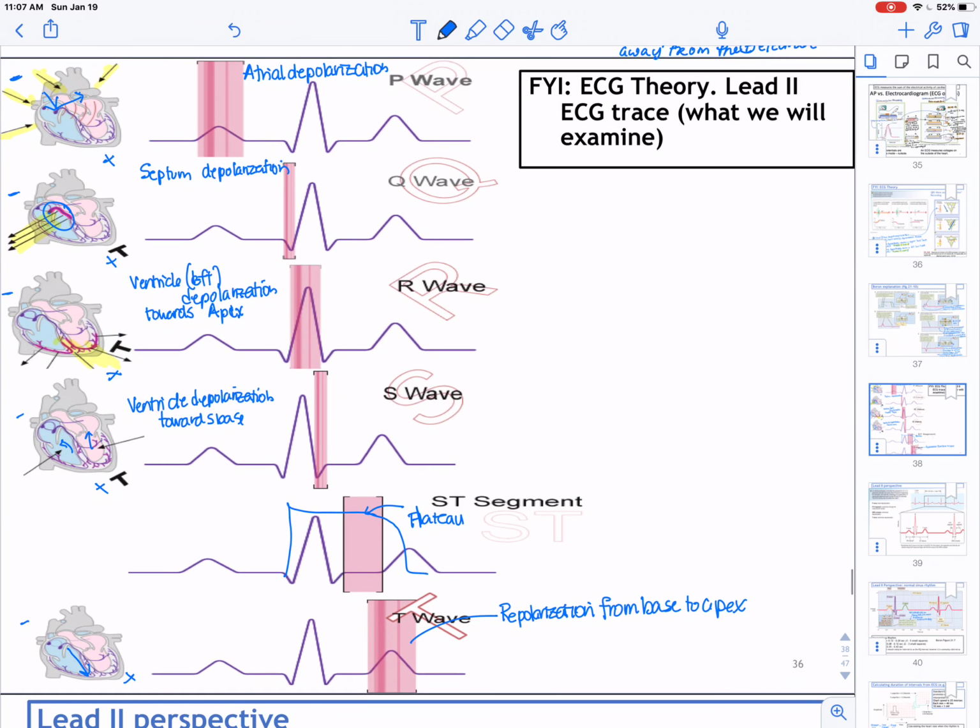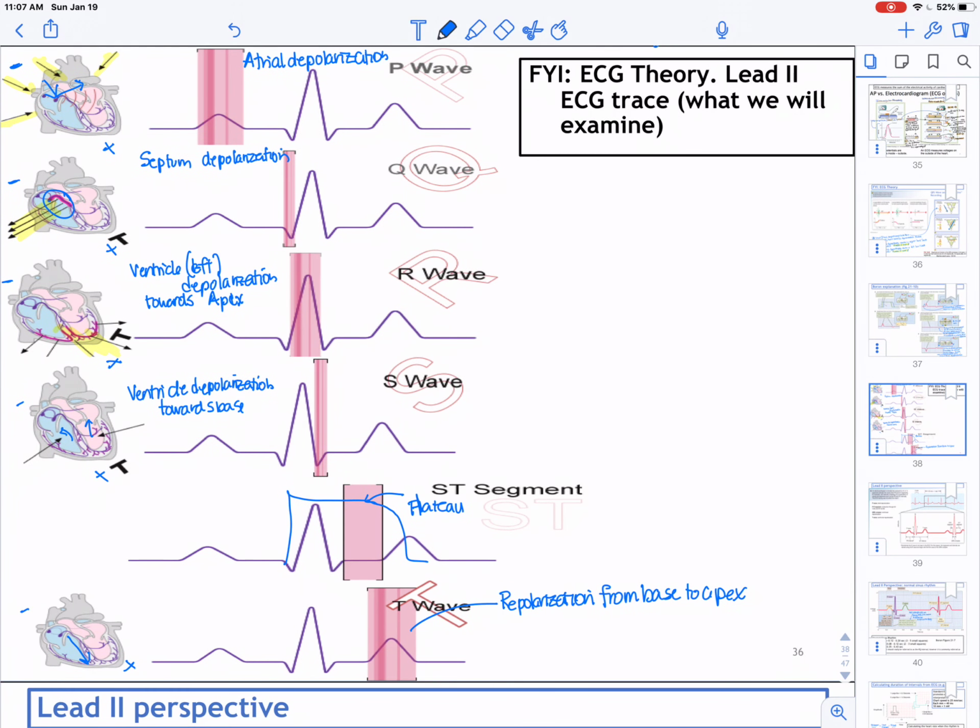The next slide is also from your slides, and it's trying to show you the key directions, the vectors of current flow. I think we already talked about it, so I'm just going to say, look through. We have atrial depolarization for the P wave. We have septal depolarization for the S wave.